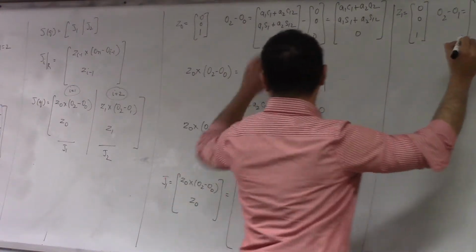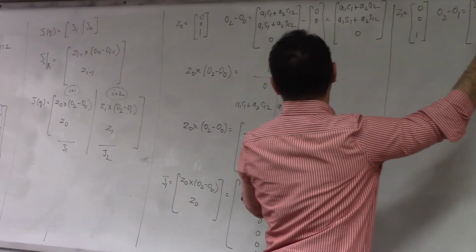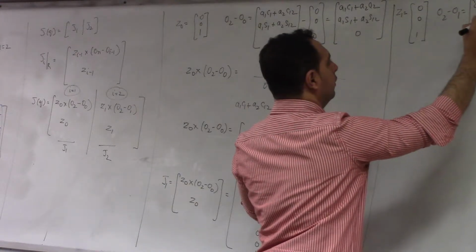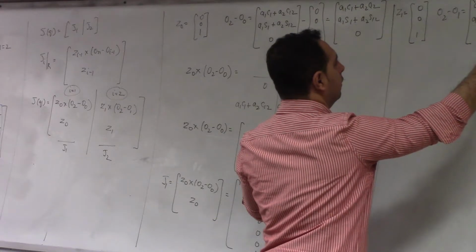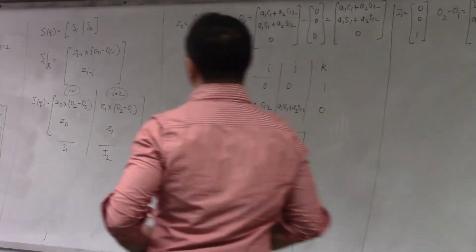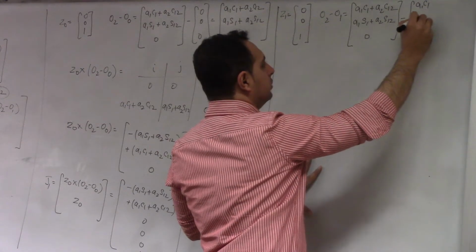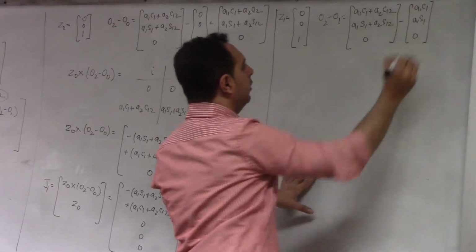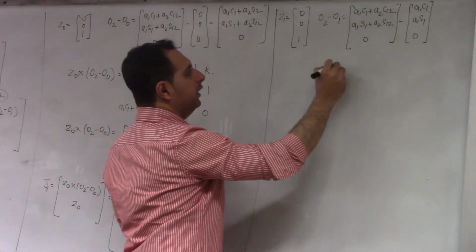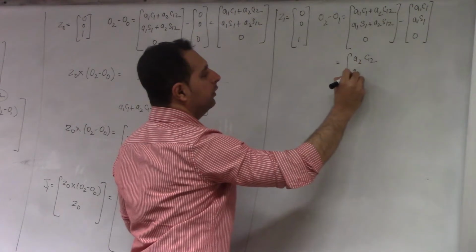O2 is the same, which is this, minus O1, which is A1 sin 1. So this will be equal to A1 cos 1, A1 sin 1, 0. So O2 minus O1 will be equal to A2 cos 1, 2, A2 sin 1, 2.